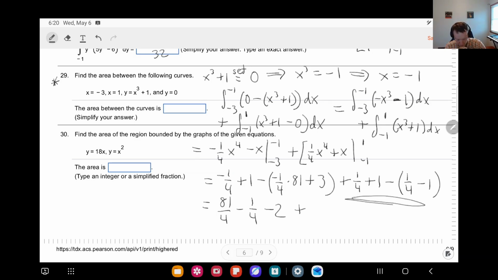Now on this half over here, notice I have 1/4 and minus 1/4. They cancel. But here I have a 1 and a double negative. So that's a plus 1, plus 2 for that right integral there. Well, look, those cancel.